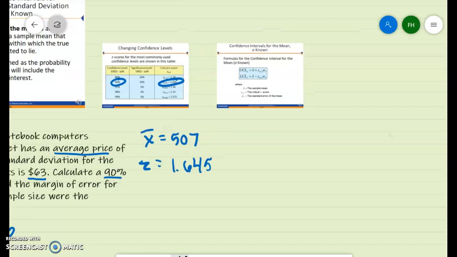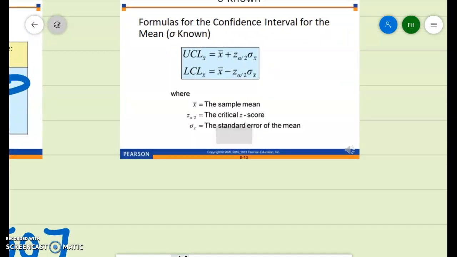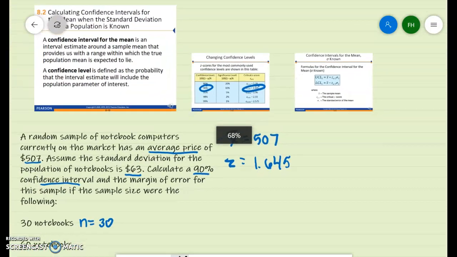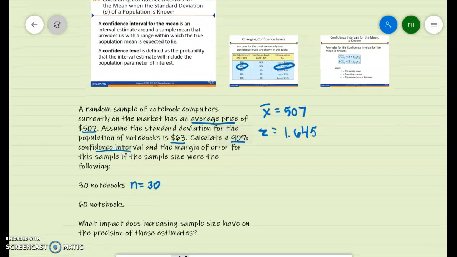And then our last part is the standard error of the mean. So to calculate the standard error of the mean, we're going to take the standard deviation divided by the square root of n. And I'm talking about the standard deviation of the population, which was given to us in the problem.